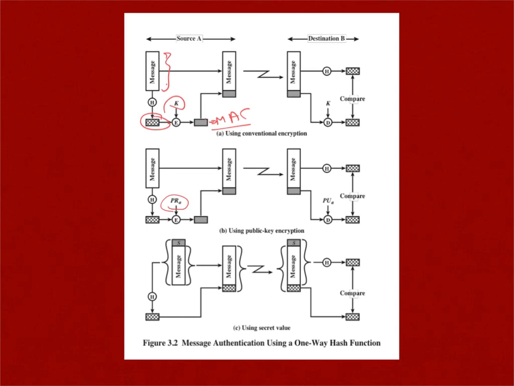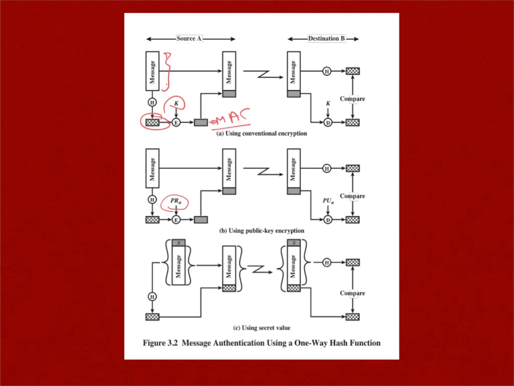So if I need to send you a message that you need to read, then I need to encrypt this message using your public key so that you can use your private key to decrypt it.